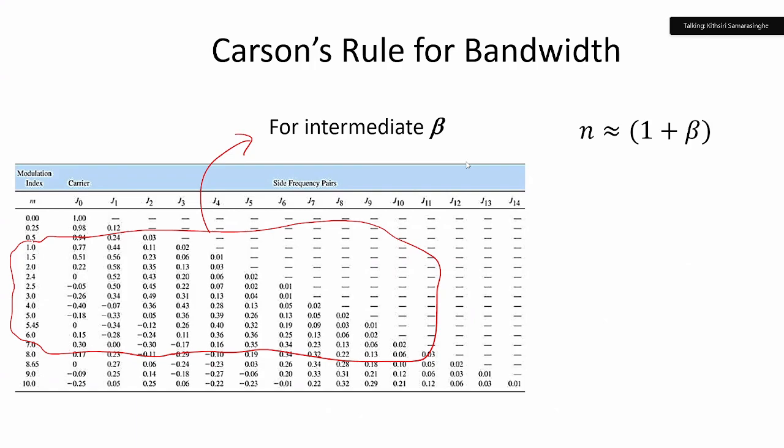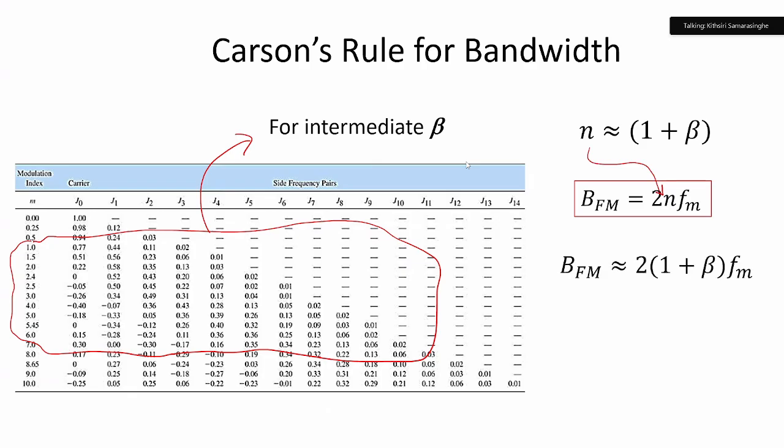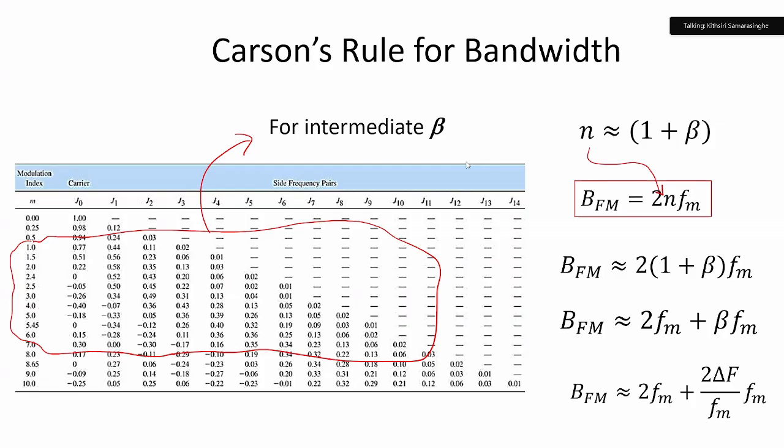Each pair is 2FM bandwidth, therefore this will occupy, substituting for n, 2 times 1 plus beta times FM, which is 2 times FM plus beta times FM.